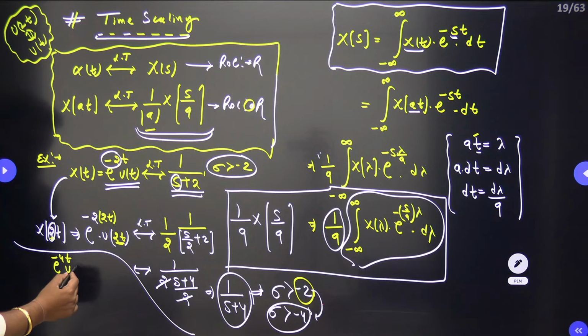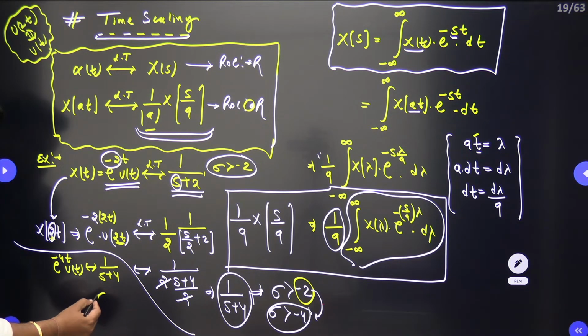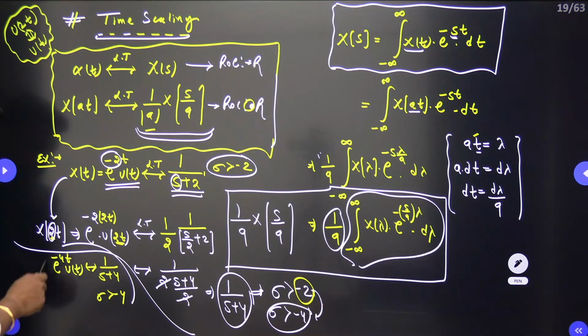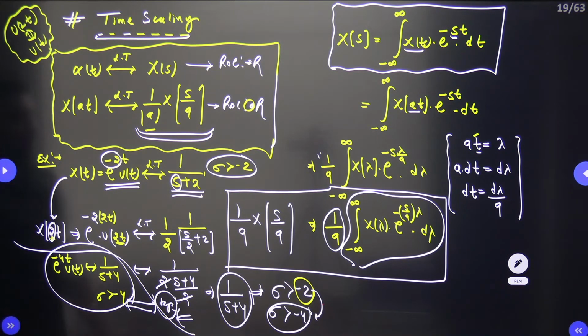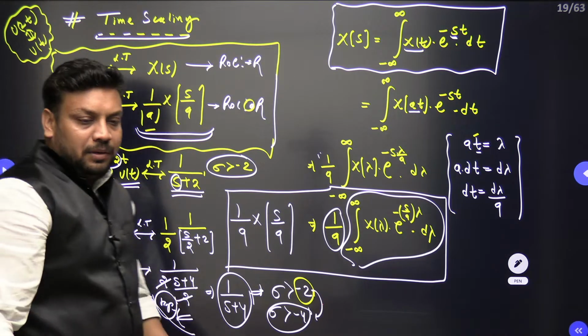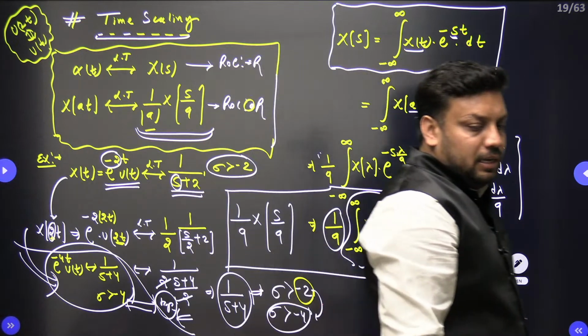So e to the power minus 4t u(t), by default its Laplace transform is 1 upon s plus 4, and ROC sigma greater than minus 4. Hence proved. We have satisfied our property. I did it using the property and using the normal Laplace transform, and both results and ROC remain the same.